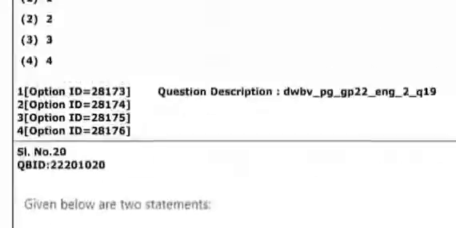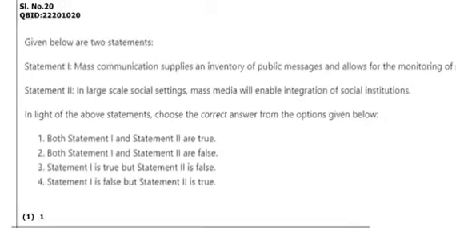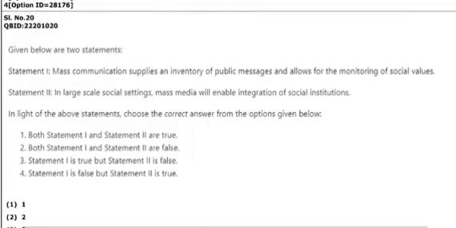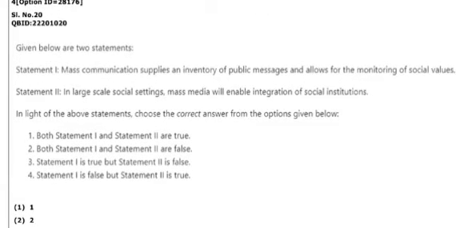Okay, number 20. Given below are two statements, same question. Statement 1 says, mass communication supplies an inventory of public messages and allows for the monitoring of social values. Statement 2 says, in large-scale social settings, mass media will enable integration of social institutions.